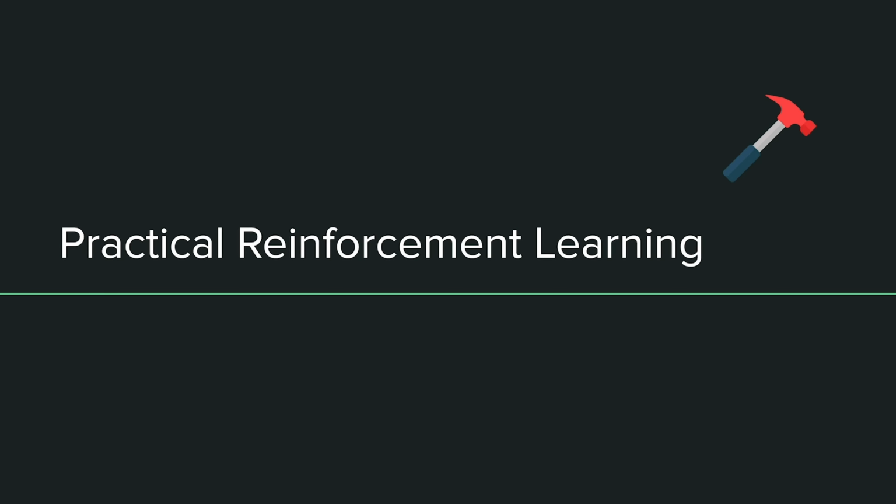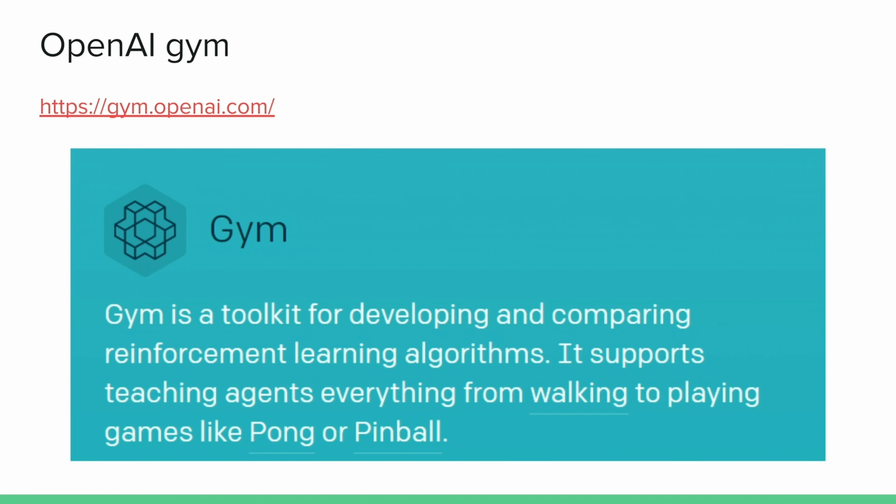Now some practical reinforcement learning tips that I can give you along the way. First of all, the OpenAI Gym, which is a great toolkit for developing and comparing reinforcement learning algorithms. It contains a really clean way of training reinforcement learning environments.